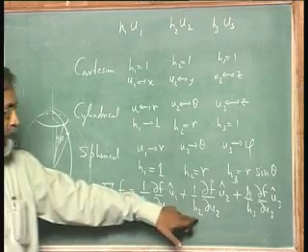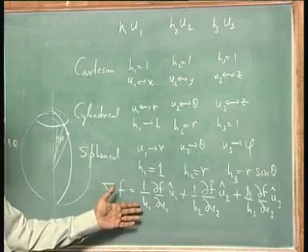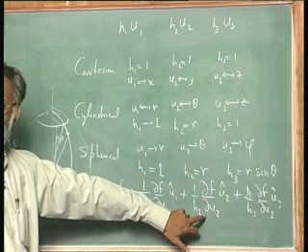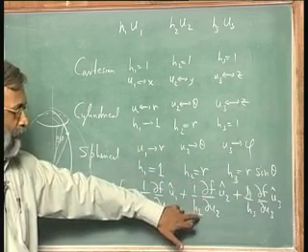In Cartesian, these three are missing, but in cylindrical, for example, you have 1 over r del f del theta. So, that is where the 1 over r came from.